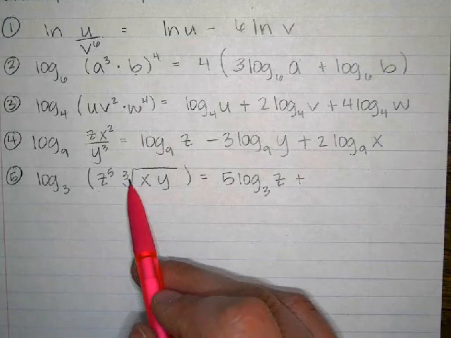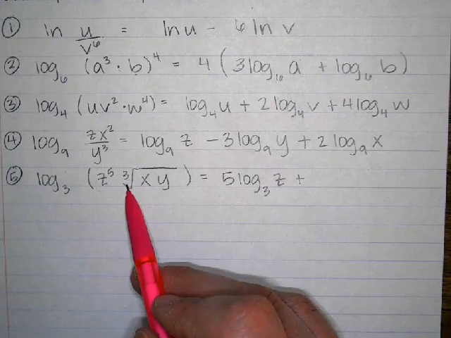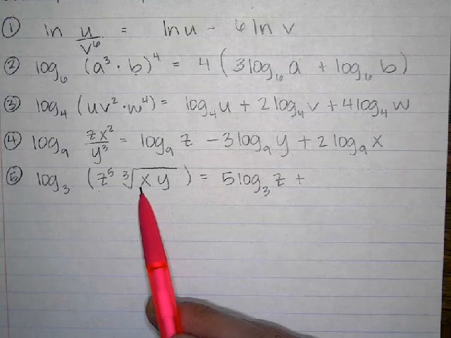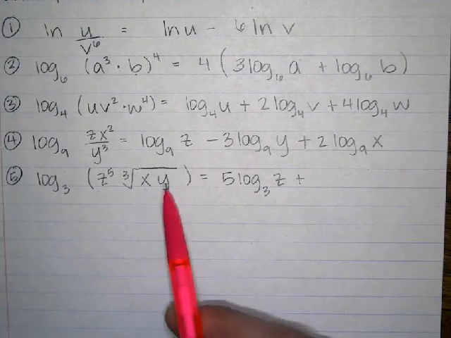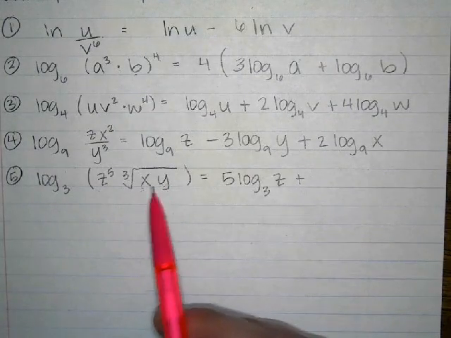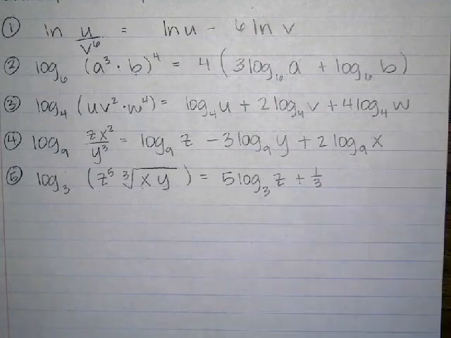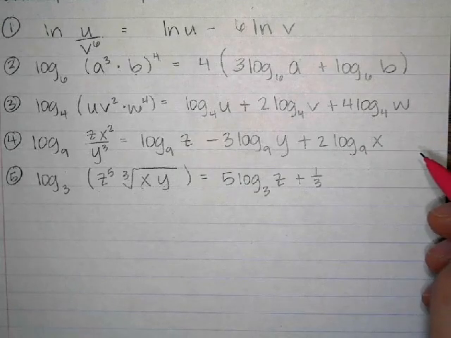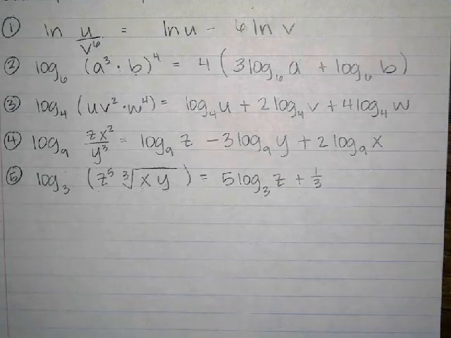And does the 1/3 apply to just the x or just the y? Both. And how many logs are we going to write for these? We're going to write 2 different logs. Okay, so I'm going to say plus 1/3. And what should I do now since I'm writing 2 different logs? So you've got 2 options here, but we got to make sure the 1/3 applies to 2 different logs. So you can either put parentheses and then only write the 1/3 this one time, or you can make sure to put the 1/3 in front of each of those 2 logs.